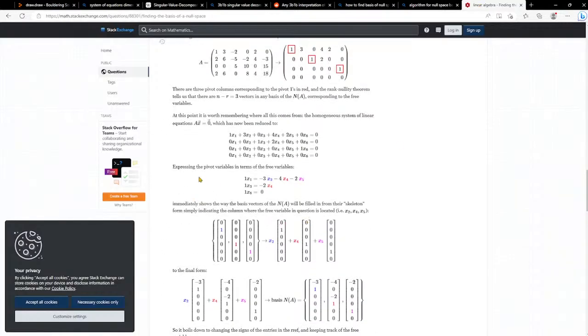So expressing the pivot variables in terms of the free variables: 1x1 is equal to this expression, 1x3 is equal to that expression, and 1x6 is equal to 0. And what happens if I do that?